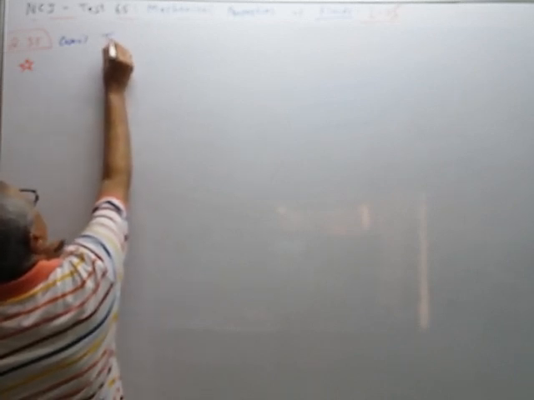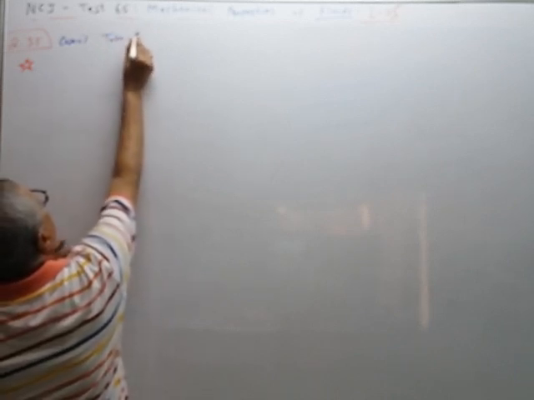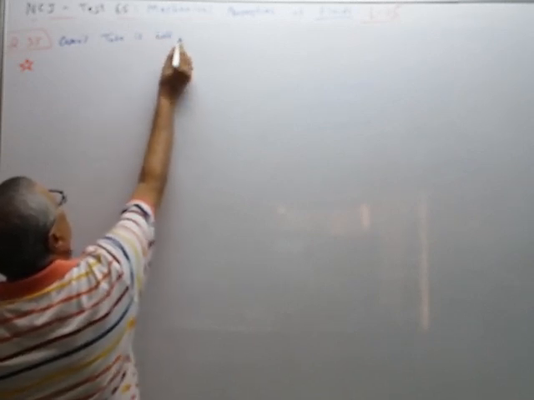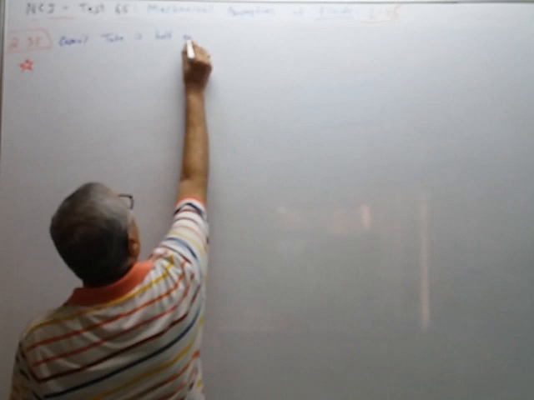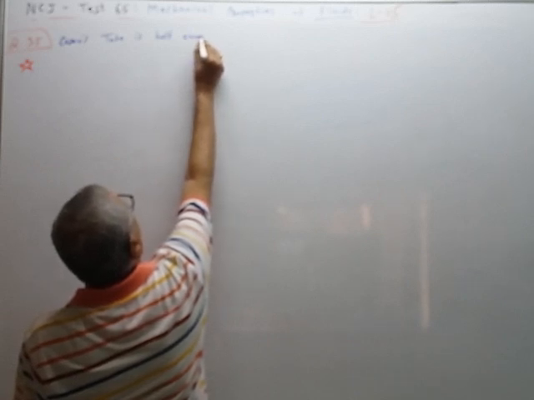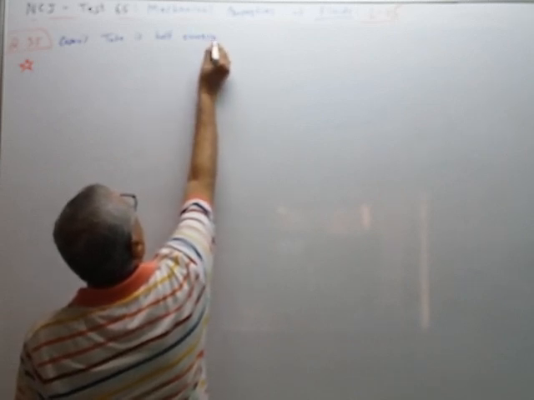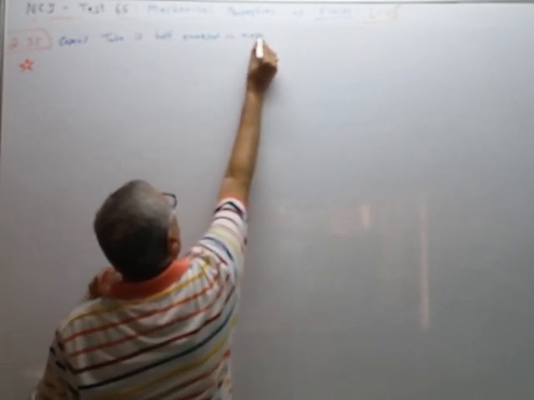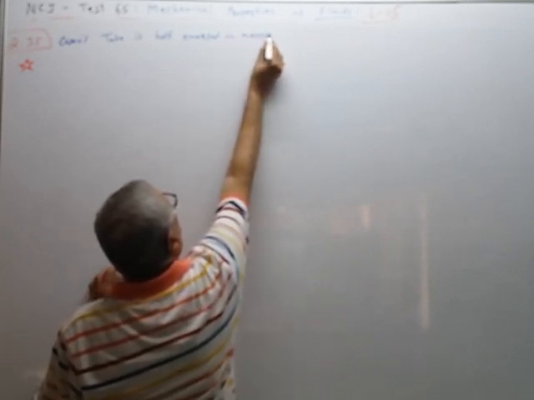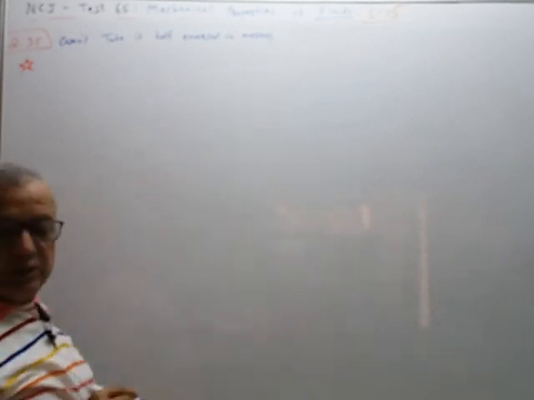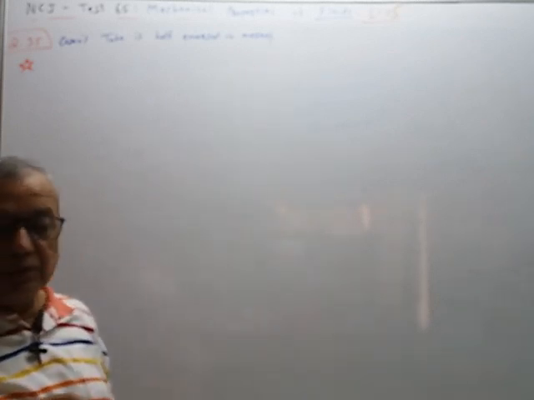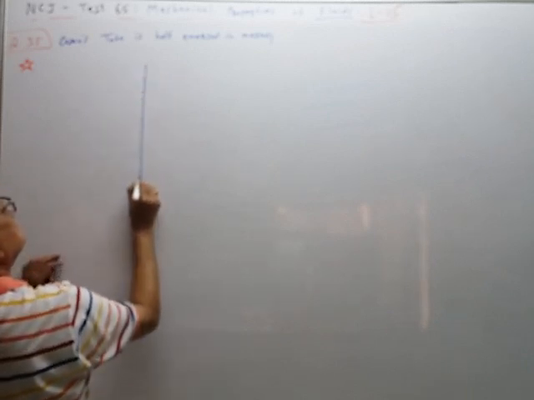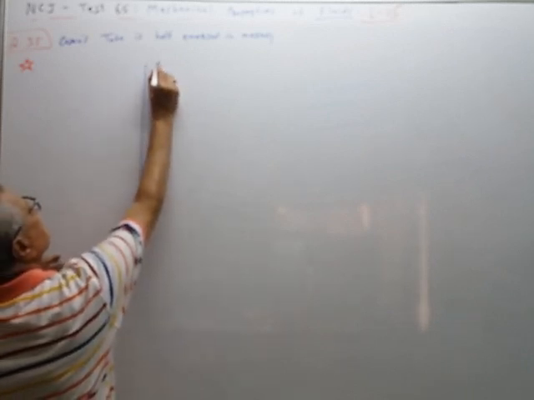Tube is half immersed in mercury. Half immersed in mercury. So this is the total length, 80 centimeter.